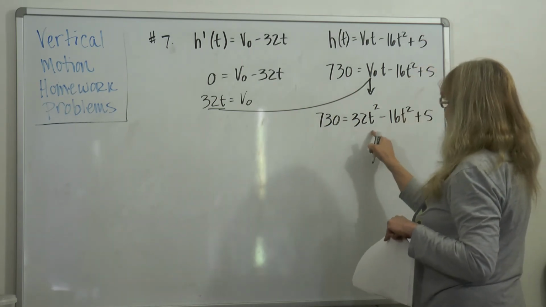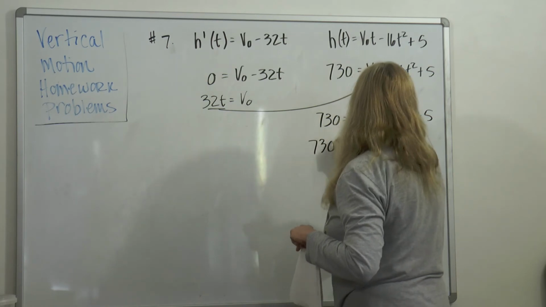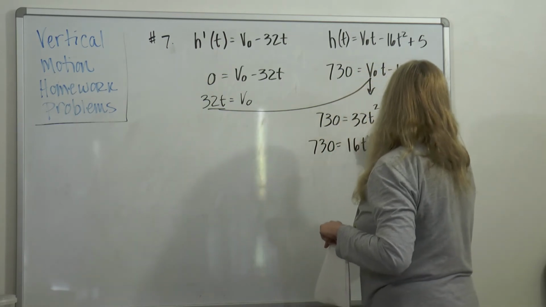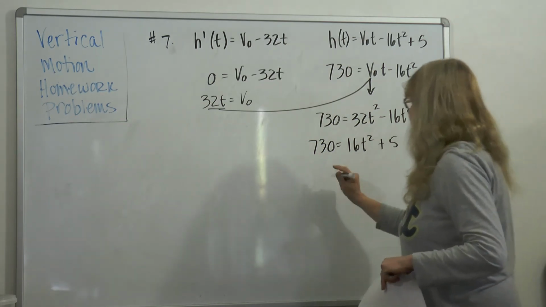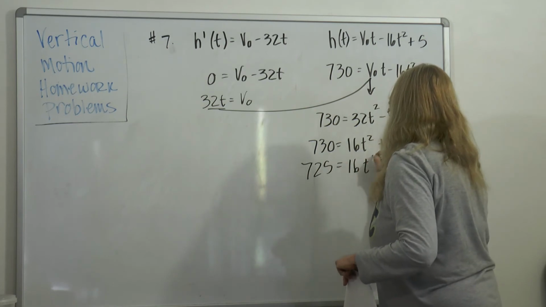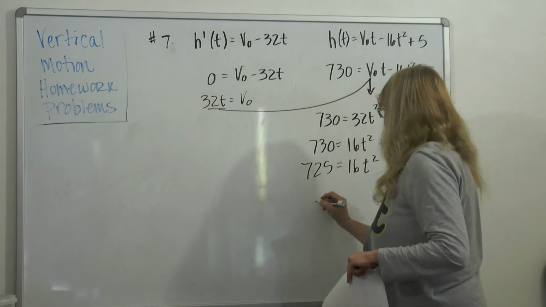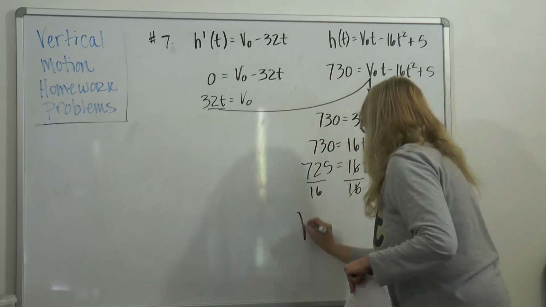I'm going to combine like terms here. And then I'm going to subtract 5 from both sides. Then divide both sides by 16. And take the square root.